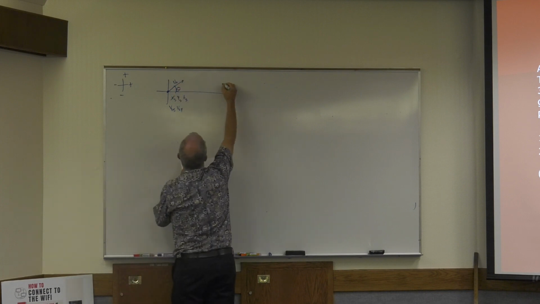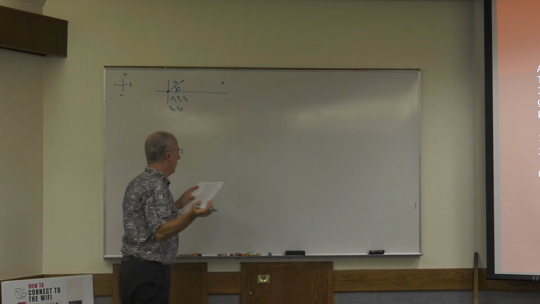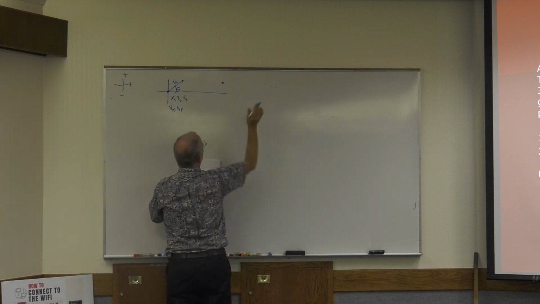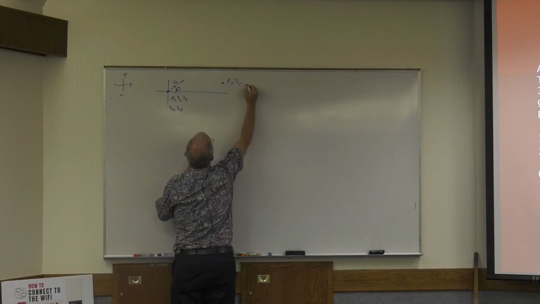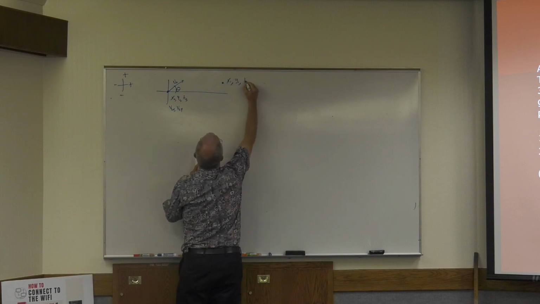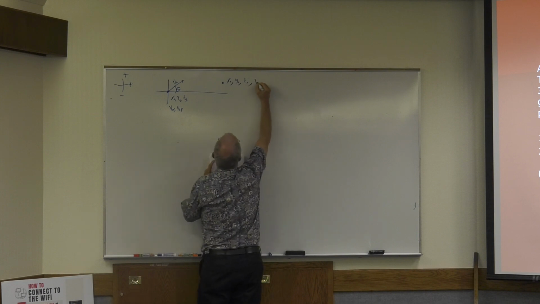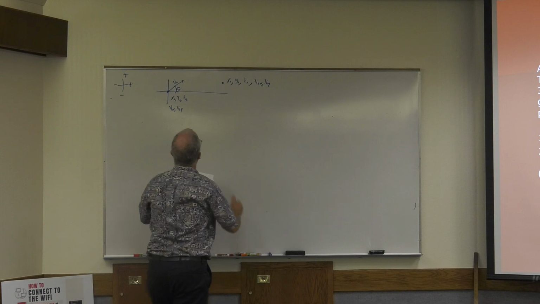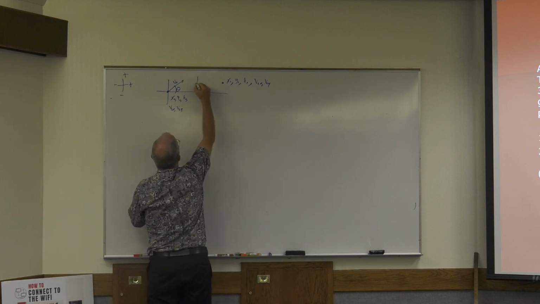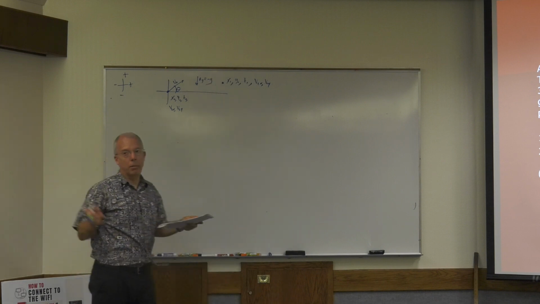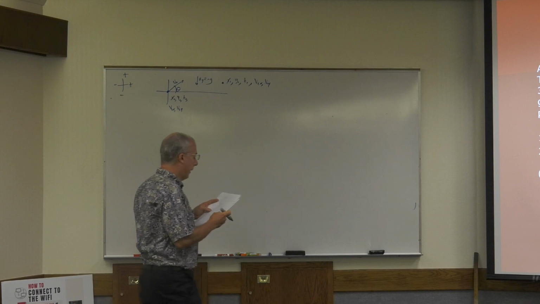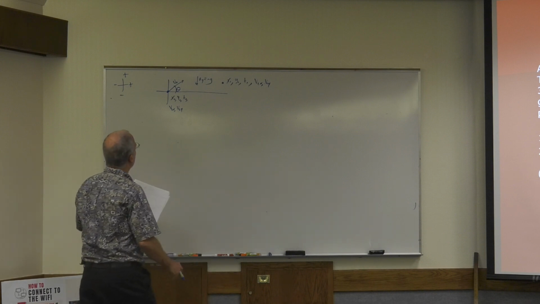Now our second point is who knows where, up there somewhere. We don't know, we don't care. Well, we do care, actually. So x1, y1, t1, v1x, v1y. Again, what's a sub y? a sub y equals minus g, because it's free fall or projectile motion, whatever you want to call it.